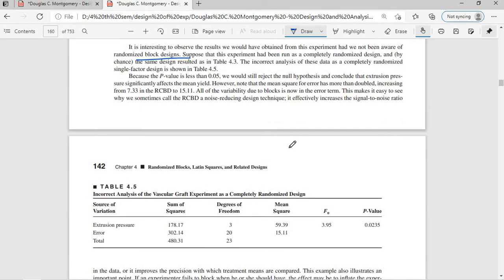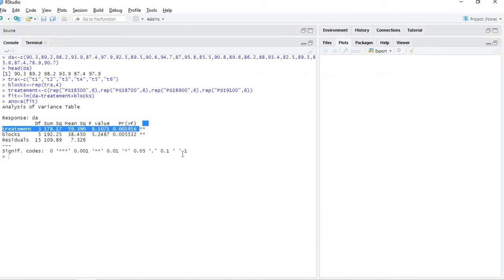See, they are saying how you can run it; the same thing I will explain here. For example, I run it as a CRD. In CRD, for example, I take that as my fit variable, then use the lm function with the data, using only the blocks.